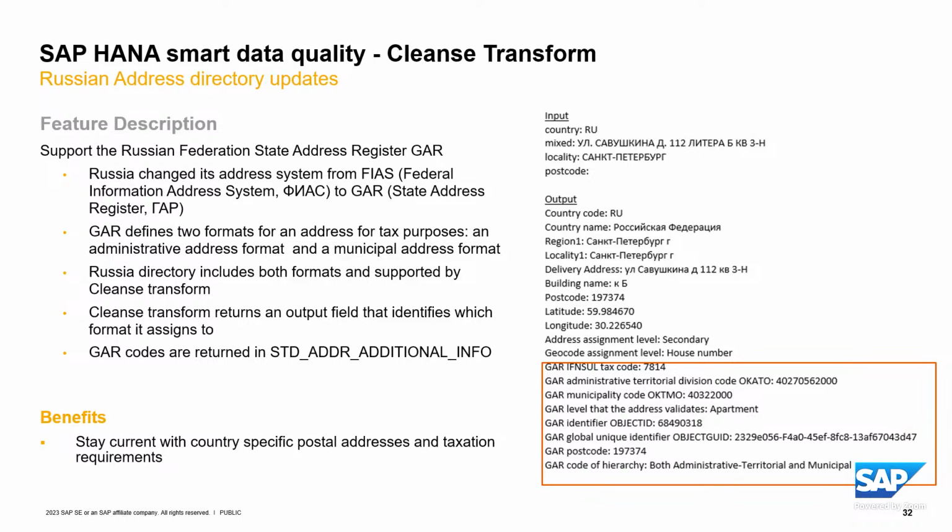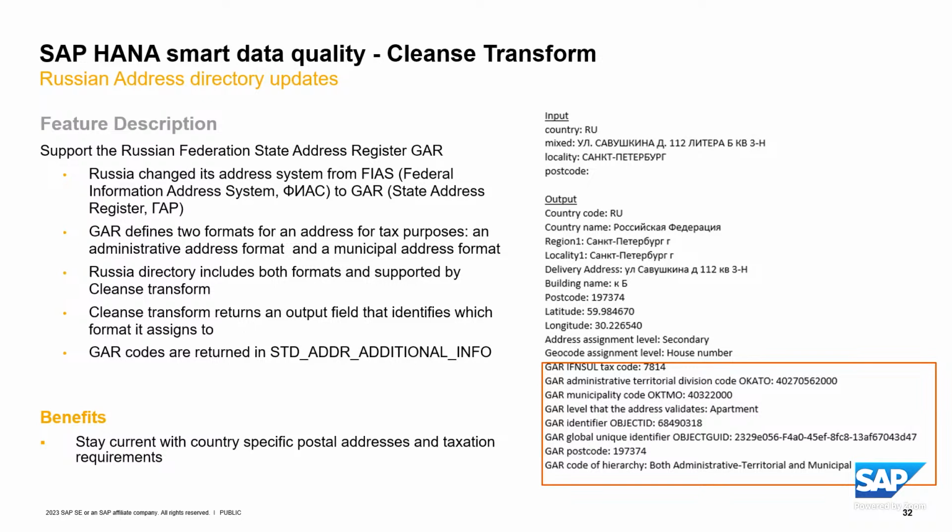The State Address Register, or GAR, defines two address formats for tax purposes: an administrative address format and a municipal address format.